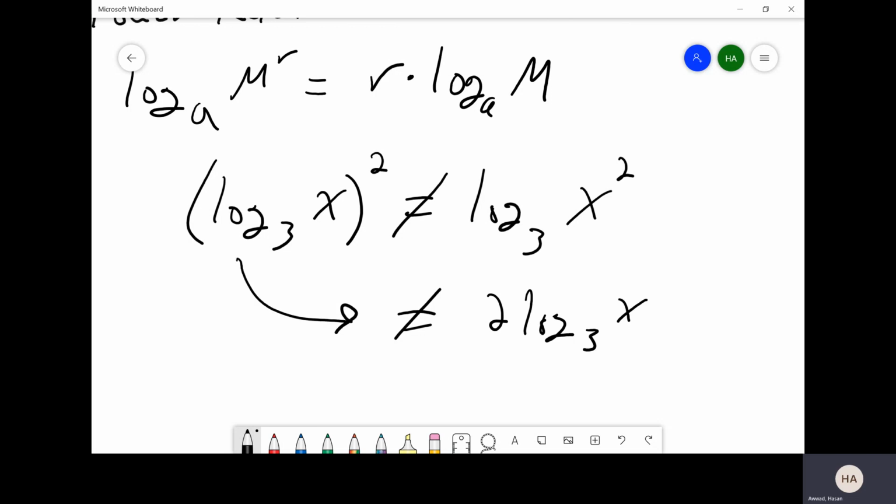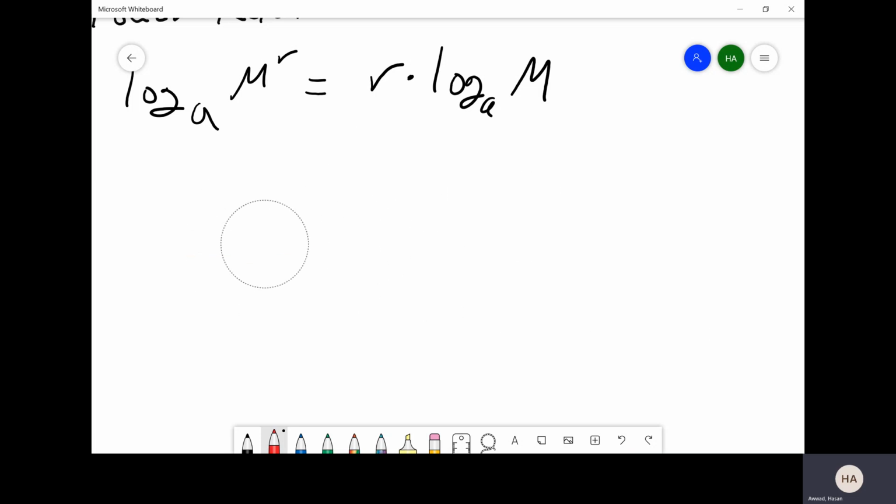You cannot go from here to here, okay? The reason is the square is being attached to the entire logarithm, whereas the square here is only being attached to the value inside of the logarithm. Two very different ideas. So please understand the difference between the two, because for this piece here underlined in red, you cannot use the power rule. It will not work out, okay?